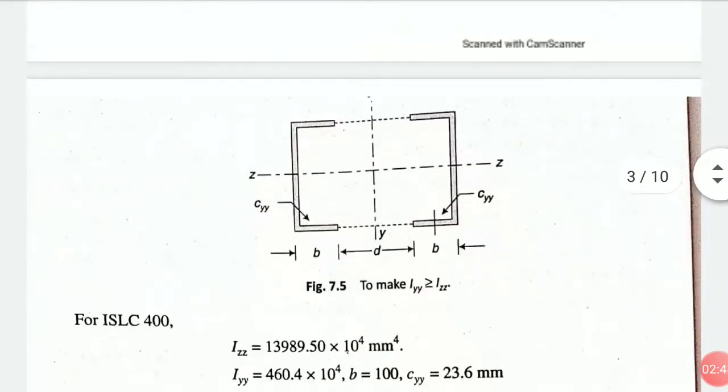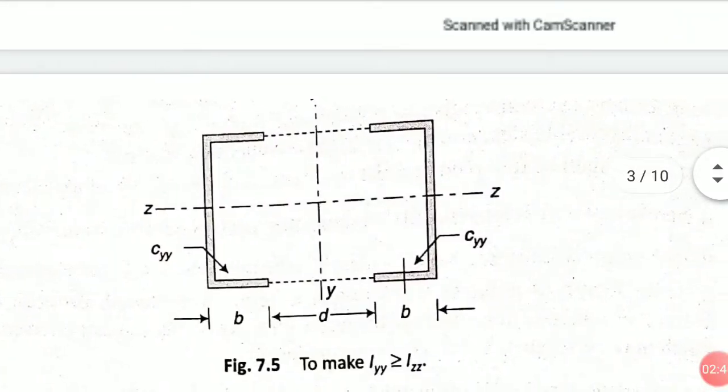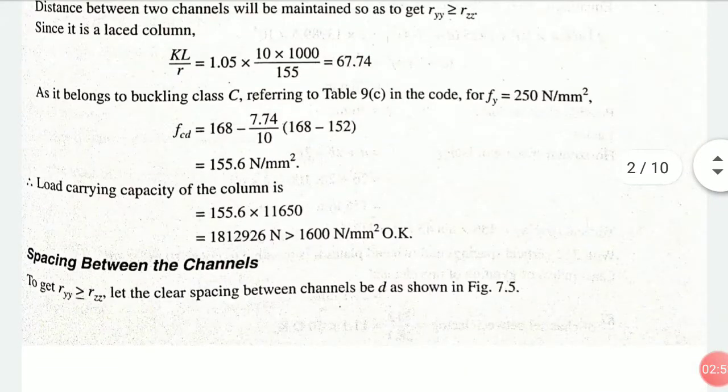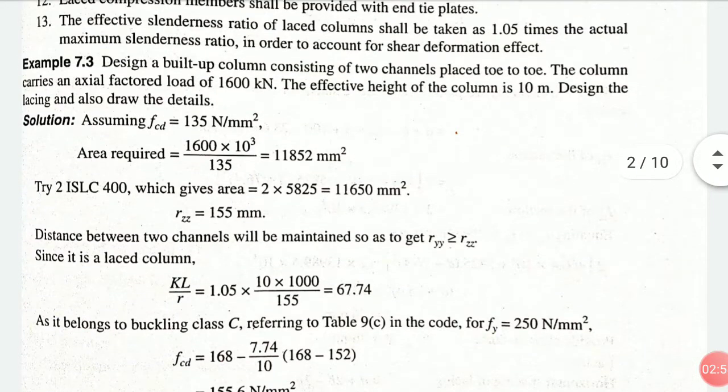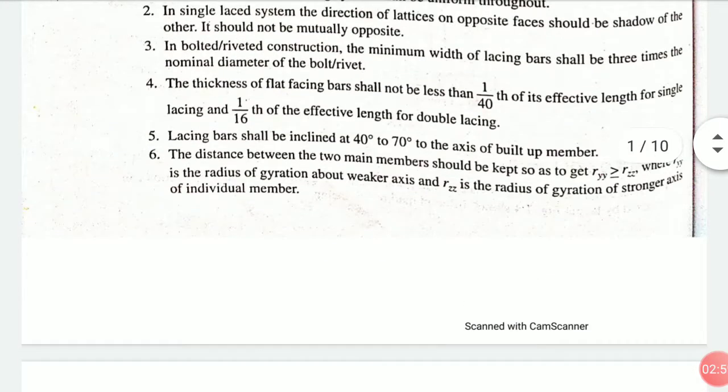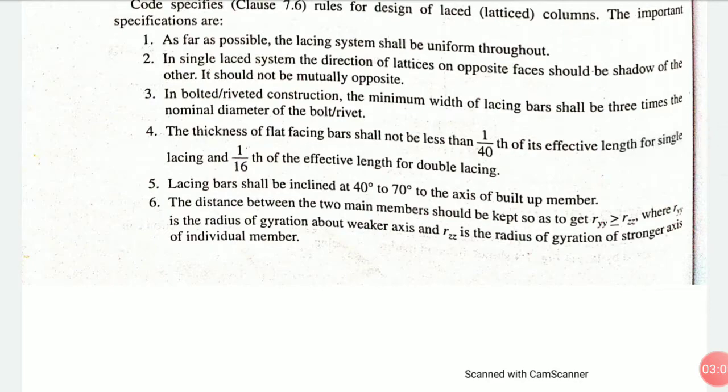to calculate, when I place the channels toe to toe, the distance D, spacing between those two channels, we have a criteria which explains that. See here, sixth one, the distance between two main members should be kept so as to get radius of gyration in both the directions almost equal.